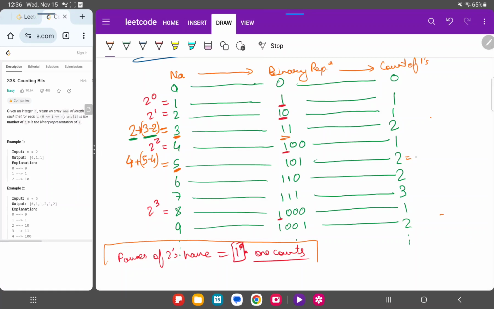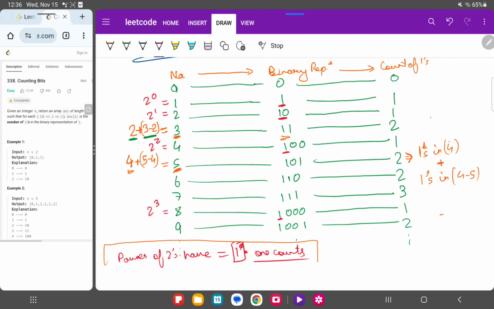So the number of ones, since this is 4 plus 5 minus 4, right? The 5 here can be written as this. So what are the number of ones in 4, the number 4 that we are working with here, plus ones in 5 minus 4.